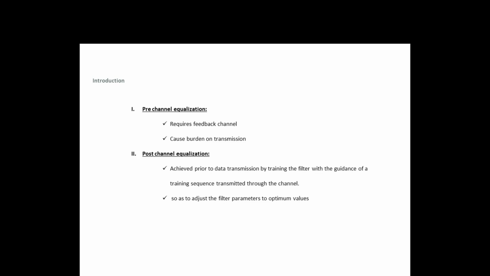Pre-channel equalization requires a feedback channel, which causes some more burden on the transmission. Post-channel equalization is achieved prior to data transmission by training the filter with the guidance of a training sequence transmitted through the channel, so as to adjust the filter parameters to optimum values.